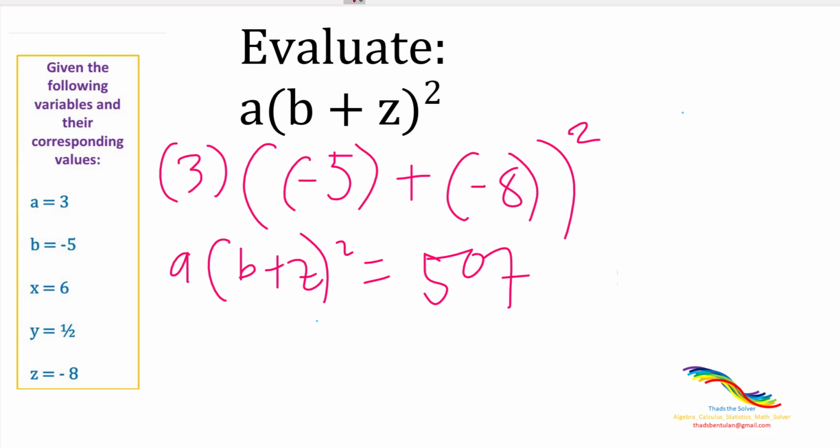That's what we came up with. This happens if and only if A equals 3, B equals negative 5, Z equals negative 8, and the value of the entire expression is 507.